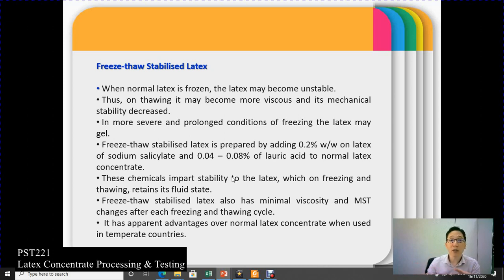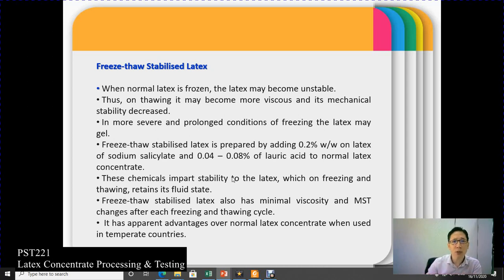So when you thaw it, your latex becomes more viscous and mechanical stability decreases because of the high viscosity. In more severe and prolonged conditions of freezing, the latex may gel. Okay, if it is prolonged for too long, the viscosity increases greater and it starts to gel. It is no more in a liquid but in a gel form.